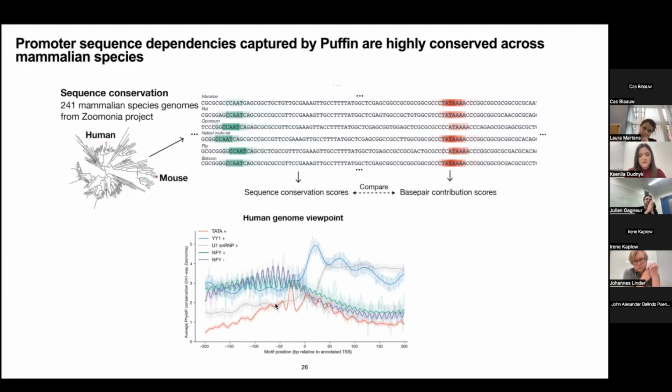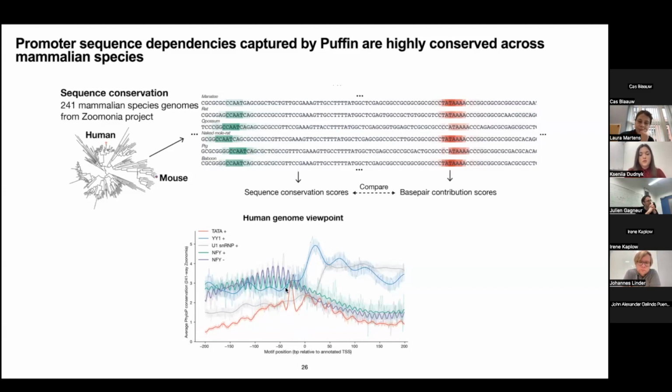This line is actually the motif activation plotted across all 240 species. And we can see that the motif is conserved at the position that is the most optimal for transcription initiation. For example, TATA is conserved 30 base pairs upstream of the TSS, and Y1 is conserved downstream of the TSS, because Y1 activates transcription right upstream of the motif.